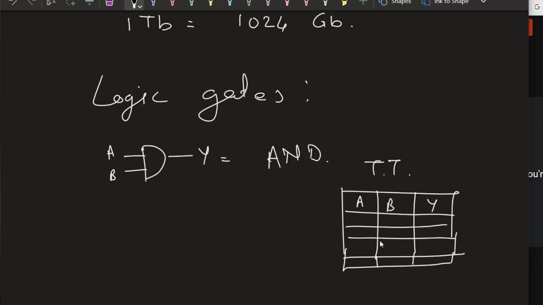Your A and B, these two inputs, can take 4 different combinations, since each of A and B individually can have the value 0 or 1. So A can be 0, then B can be 0. When A is 0, B can be 1. When A is 1, B can be 0, and when A is 1, B can be 1. I hope you know these 4 combinations.